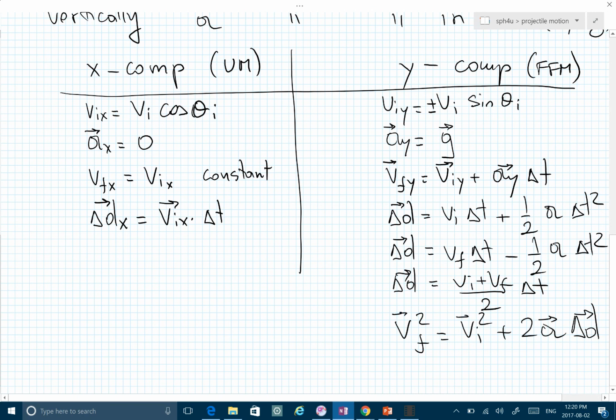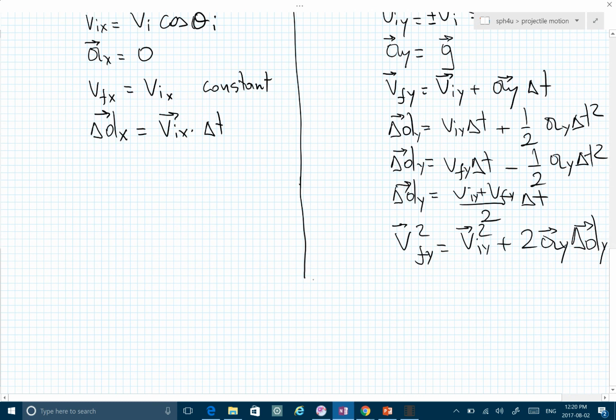The only thing that I'm going to add to all these equations is the y subscript, because we're talking about the y component only of the projectile motion. So all the vectors have the y, making sure that we're all aware that we're talking about the vertical y component only. All right.